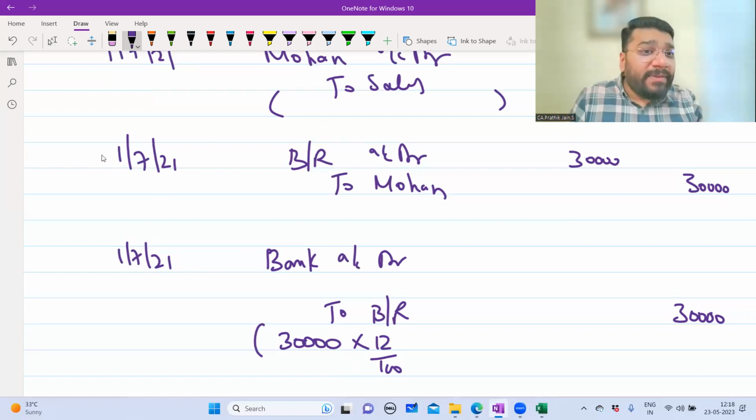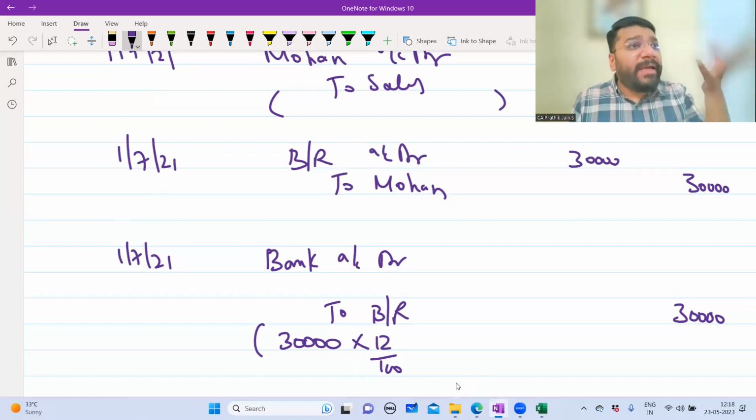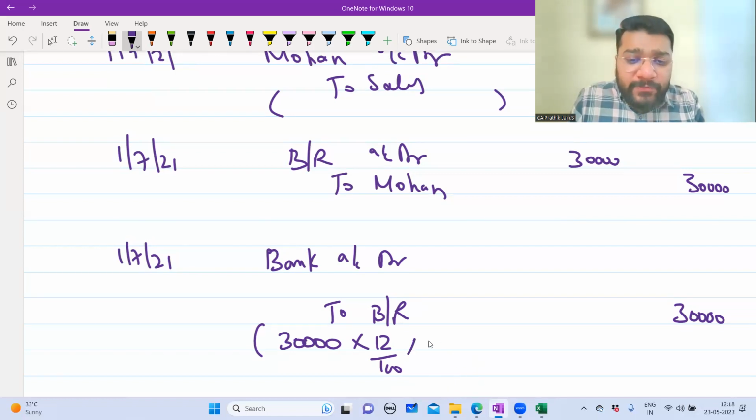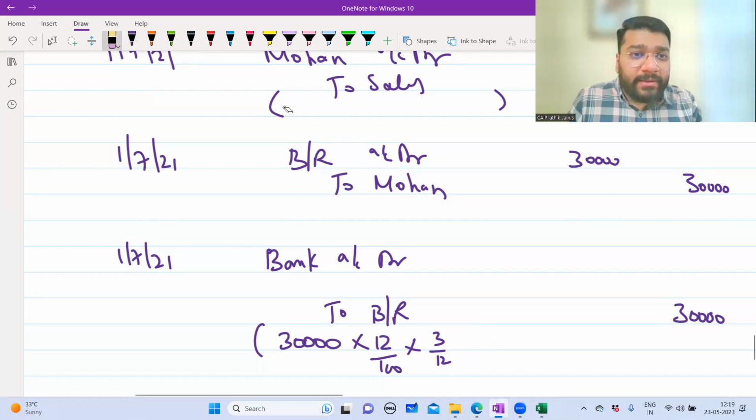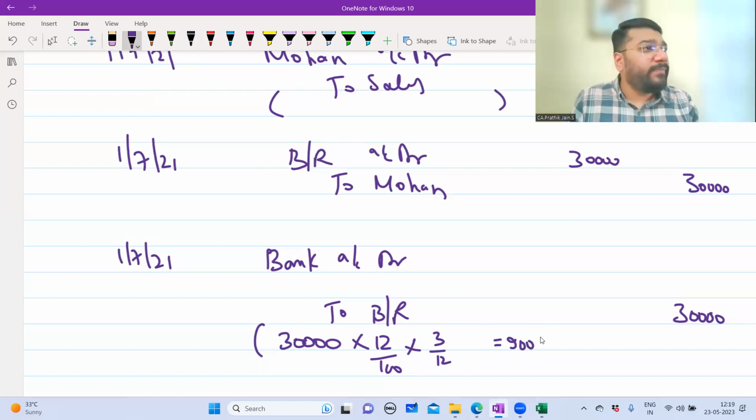No. The banker has given this money on 1st of July and is getting the money back on 4th of October. So the banker has parted with this money for how many months? 3 months. So I need to proportionately calculate the interest for 3 months. So 30,000 into 12 by 100 into 3 by 12. What is the interest amount? 900 rupees. So from 30,000, if 900 is subtracted, what is the balance amount you'll receive?